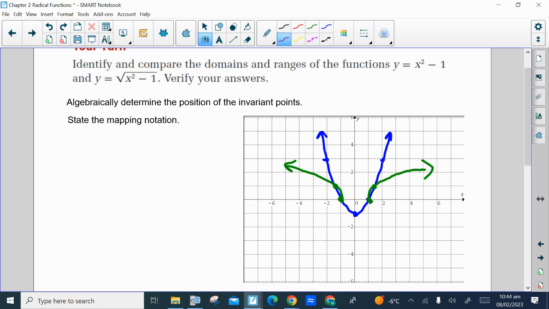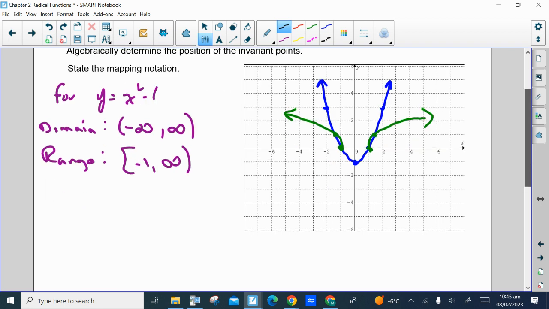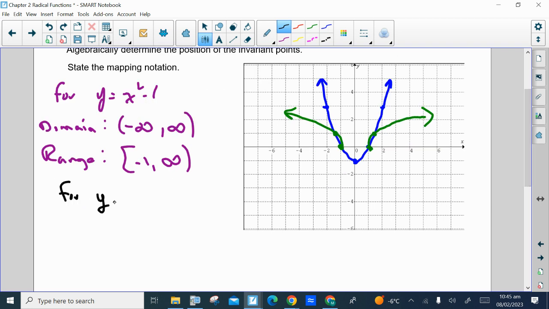If we compare the domain and ranges for y equals x squared minus 1, the domain will be from -infinity to +infinity. The range will be from -1 up to +infinity. But for the radical function, the root of x squared minus 1, the domain will have to be in two parts.